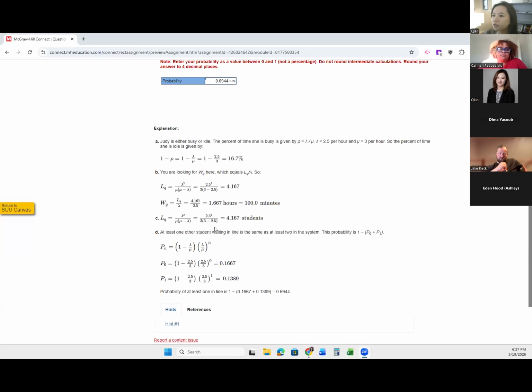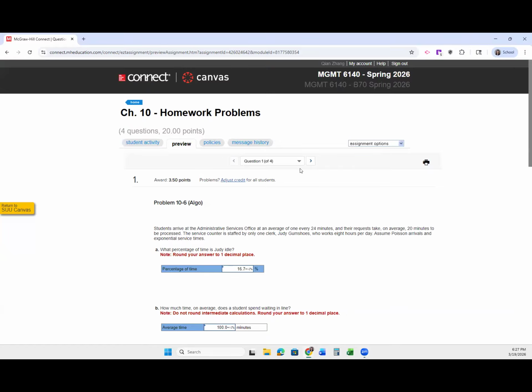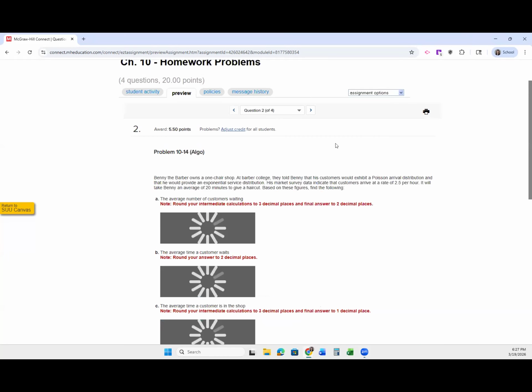And now you can see the screen here for the chapter 10 homework. This is question 1, and this is exactly what I just gave you. I just changed the numbers here. And for question 2, they are actually similar.